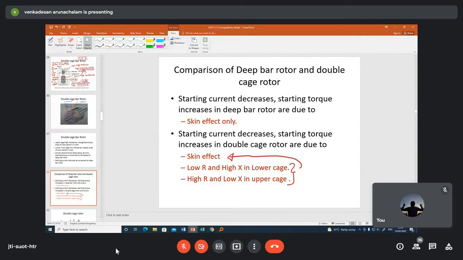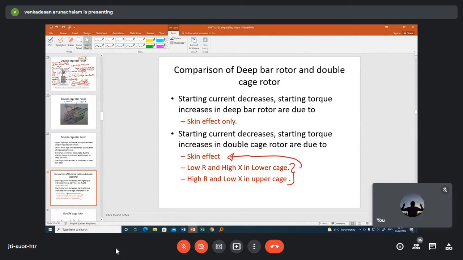But in the case of the double cage rotor, all these phenomena happen not only due to skin effect, but also due to these two properties: low resistance and high reactance in the lower cage, and high resistance and low reactance in the upper cage. Right? So this is your deep bar rotor and double cage rotor.